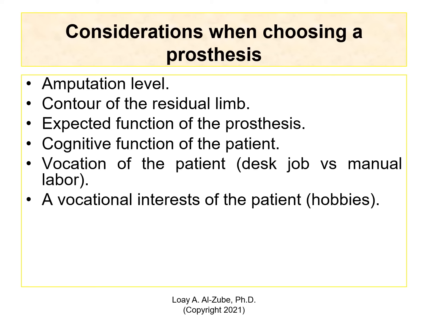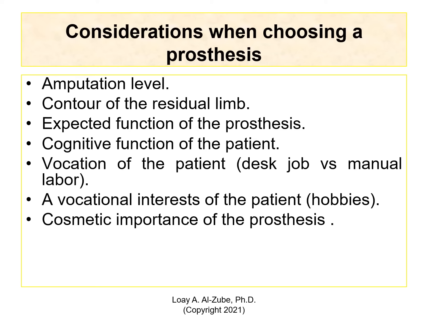Vocational interest of the patient, hobbies, cosmetic importance, and cosmetic importance is important because there's a lot of ethical issues with this. For example, I don't know if I mentioned this to you, but there was a case where someone who has an artificial arm in a party shook hands with someone else, that guy got surprised and got a heart attack.